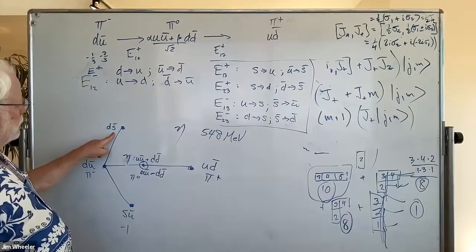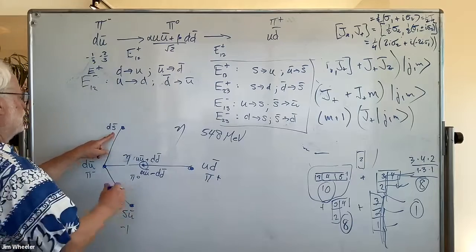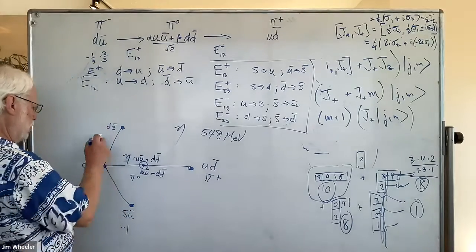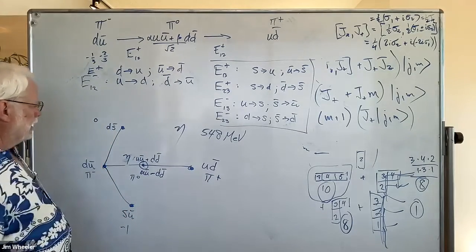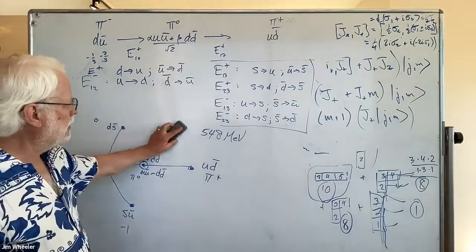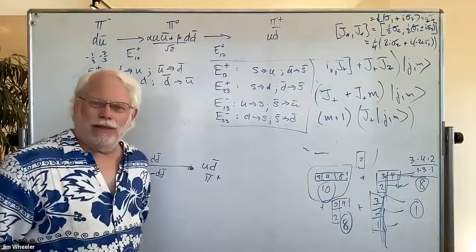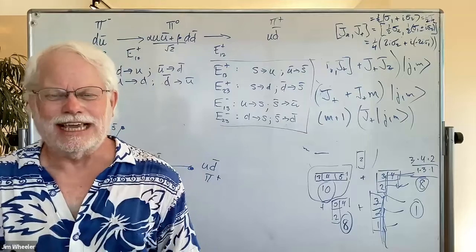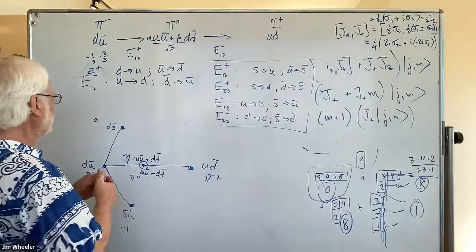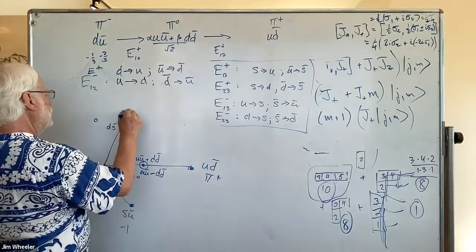That's minus 1/3 and plus 1/3. So this is a neutral particle. Now, what particle are we talking about here? This is going to get us the K mesons, right? That's right. Yes, these are the kaons. So this is a neutral kaon, and this is a K minus.